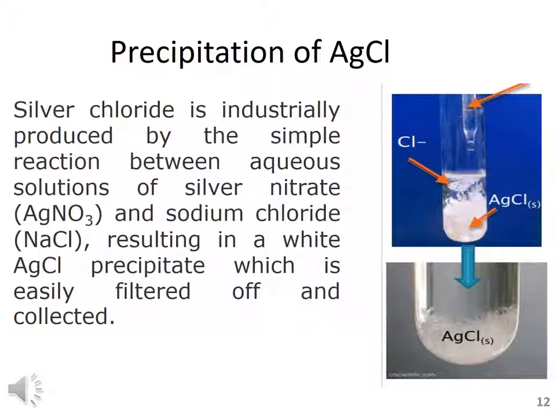They will form a silver chloride precipitate, a white precipitate. This white precipitate will settle down at the bottom of the container. In this way, by using the gravimetric analysis, silver chloride is produced in the industry.